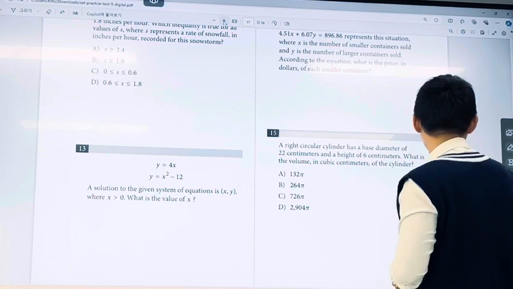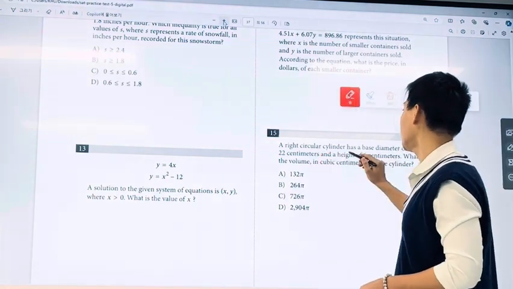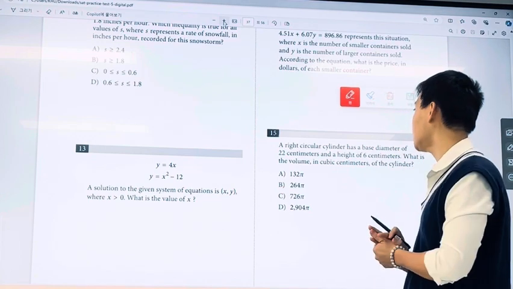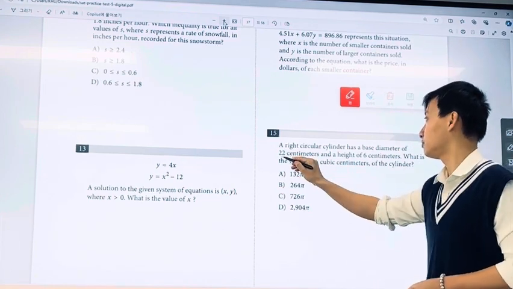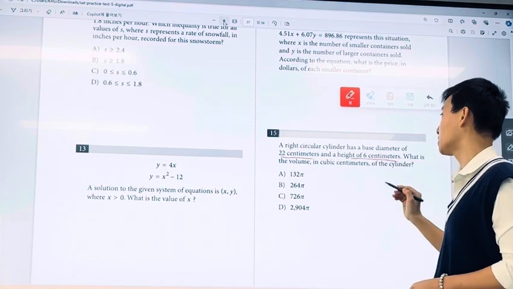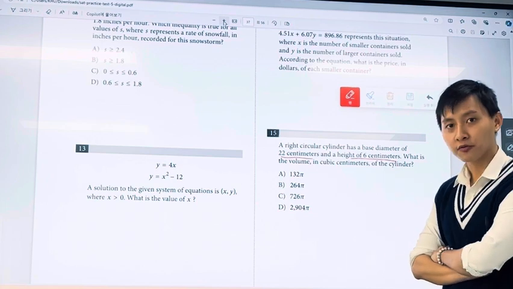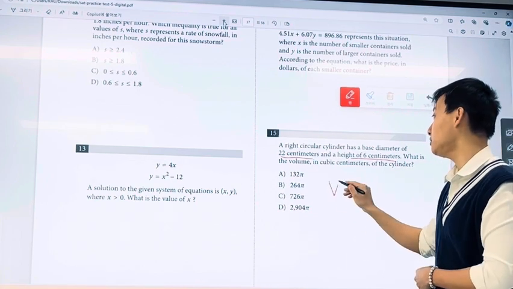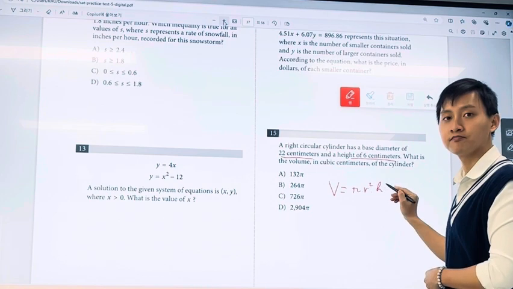Okay, we try to solve question 15. A right circular cylinder has a base diameter of 22 centimeters and a height of 6 centimeters. What is the volume in cubic centimeters? So the first step, you need to remember the volume equals pi times r squared times h, right?